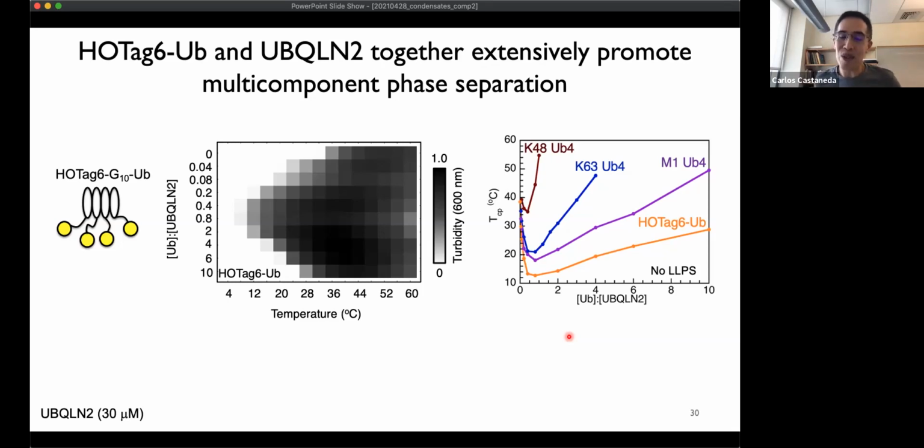That's another factor that could be impacting how these droplets are forming, and maybe have an effect on what other people were saying about the mesh size of these droplets when you've got ubiquitin around these polyubiquitin chains and ubiquilin.